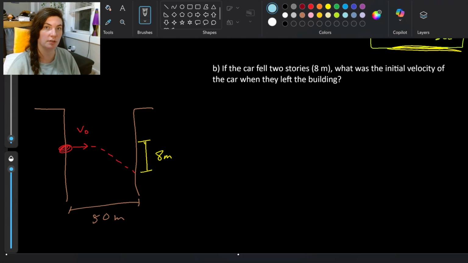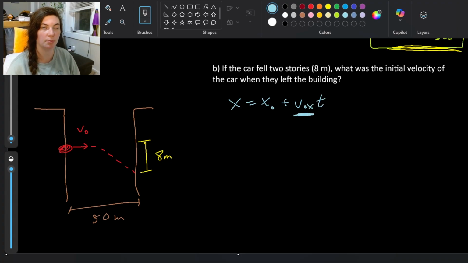So in this version of the problem, we know that we're looking for initial velocity, and we know that our initial velocity is only in the x direction. Which means to find what that value actually is, we're going to have to use x equals x naught plus v naught x t. Because this is the one that we're finding.